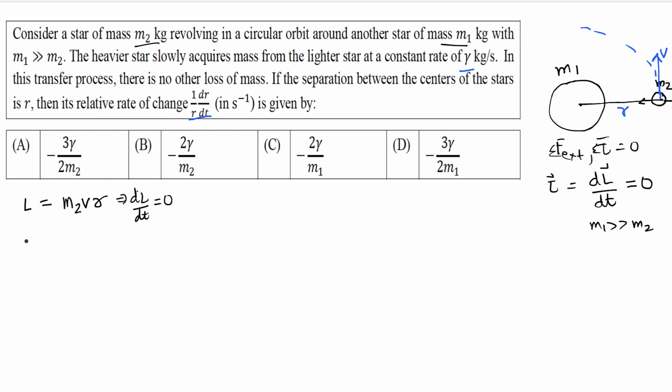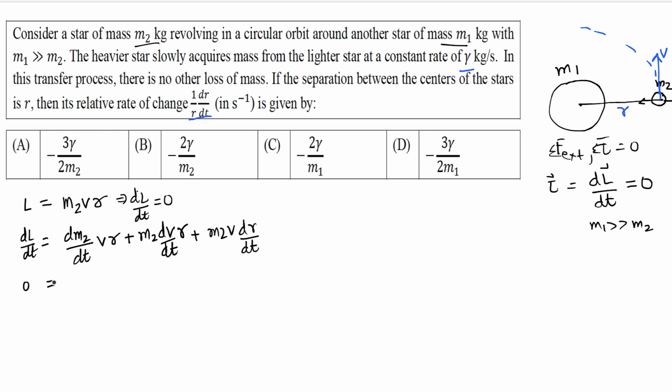So let's just do that. What is dL by dt here? dL by dt should be equal to dm2 by dt, because m2 is also variable, times v times r, plus m2 dv by dt times r. v is also going to change because r is changing. Plus m2 v dr by dt, right? Now this is given to be 0.